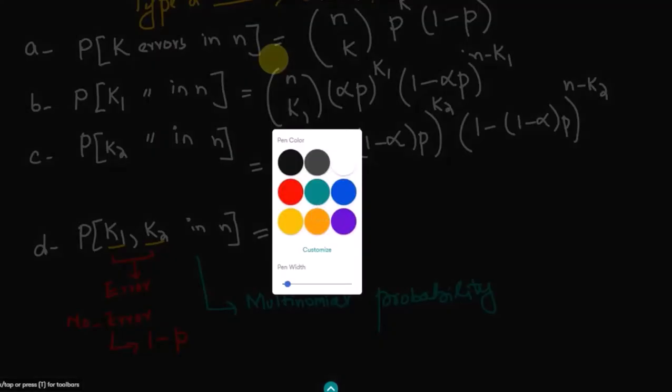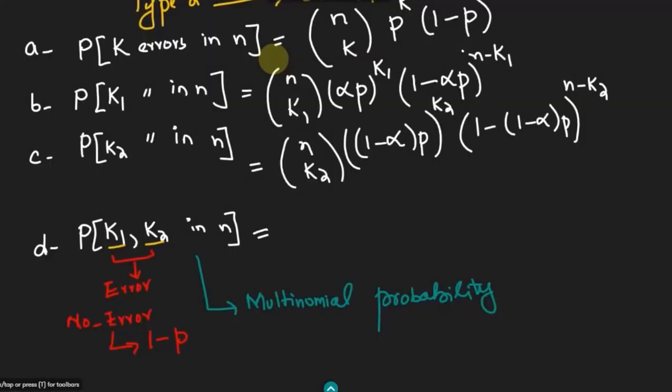For the multinomial probability, we have the total number of operations n, so taking n factorial, the first type we have is k1, so writing k1 factorial. Similarly k2 types, so k2 factorial, and I have another type of things which are of no error. k1 and k2, these two are the errors.